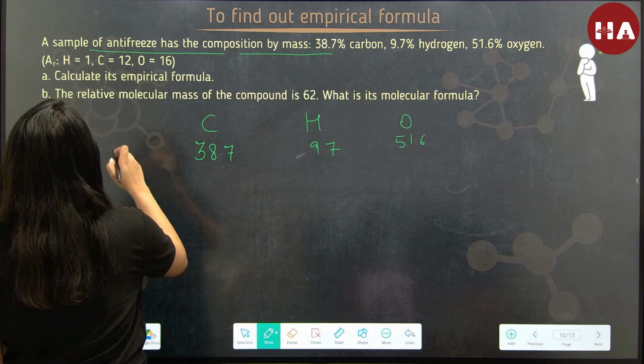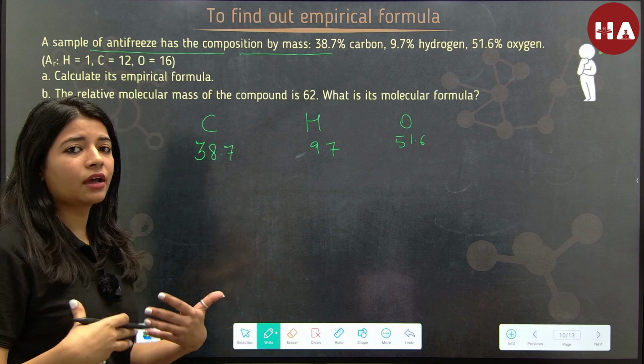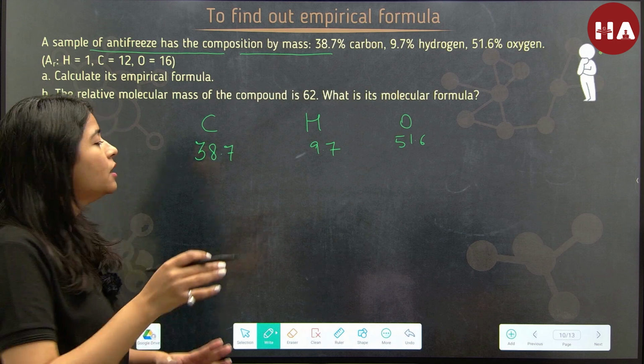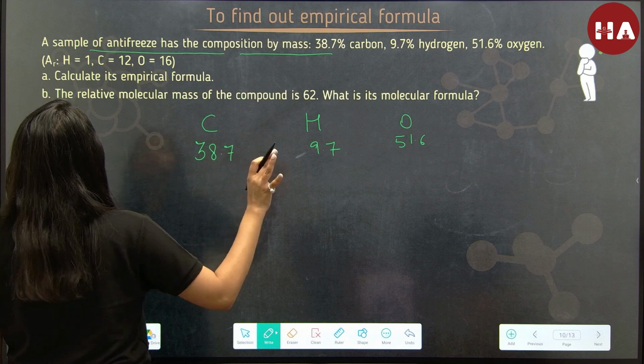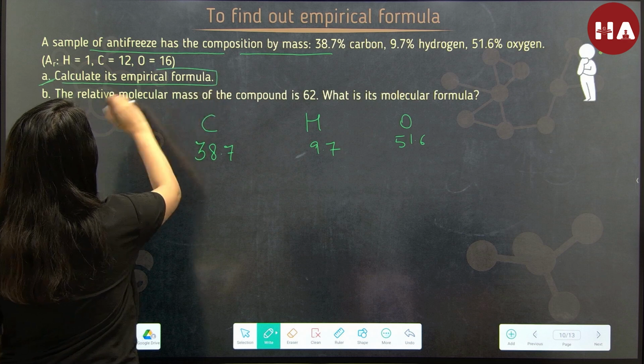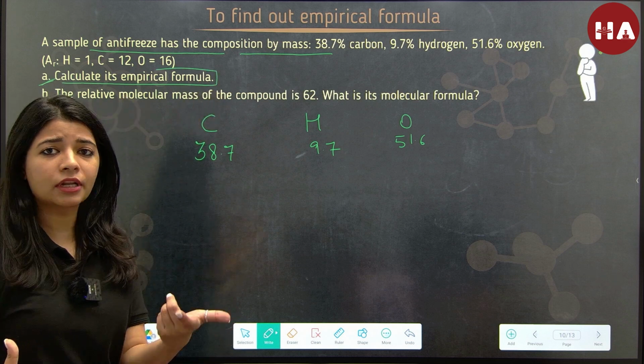Now let's check. We are understanding how to calculate the empirical formula by doing a question. There's no theory in this, just calculation and questions. So A part, calculate the empirical formula. How do I calculate if the percentages are given to me?